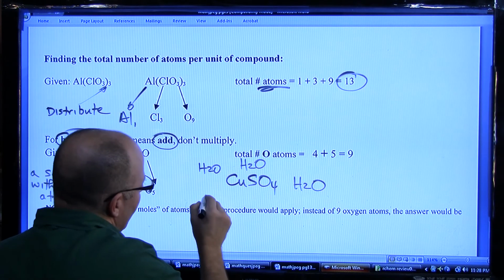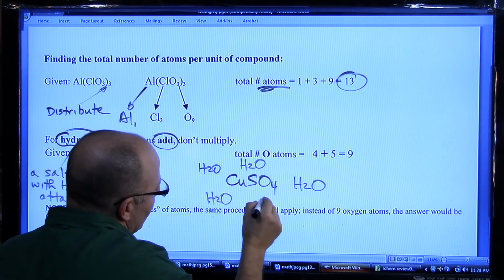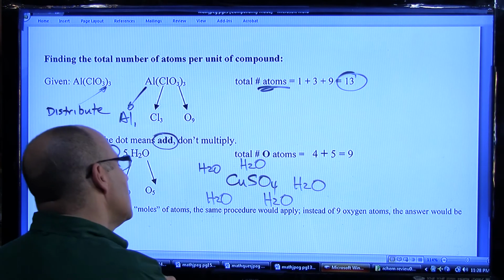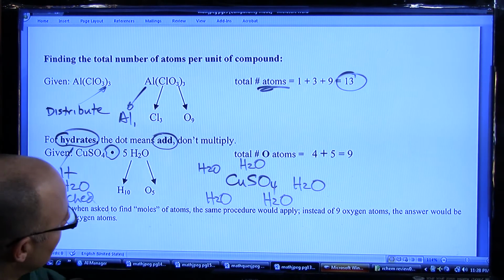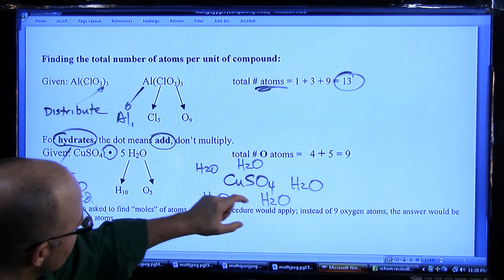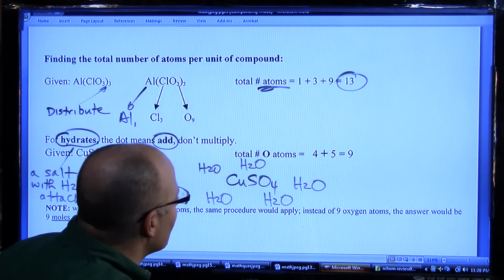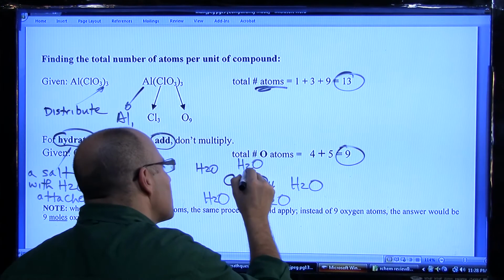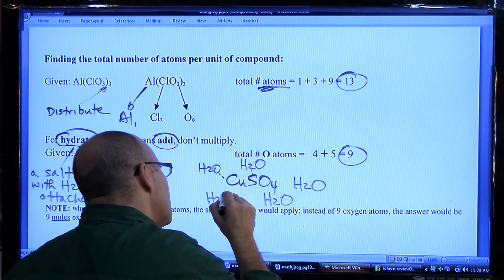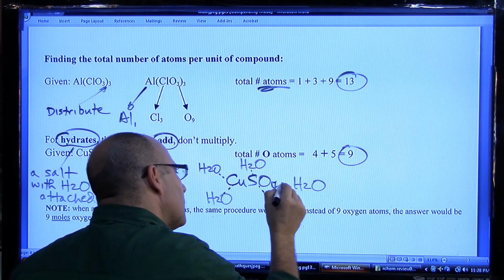Whatever that arrangement is, is the material. There you have it, the 4 oxygens and the 1, 2, 3, 4, 5 around it, giving you a total of 9. Of course, there's some kind of attraction here that's bonding the water to it.